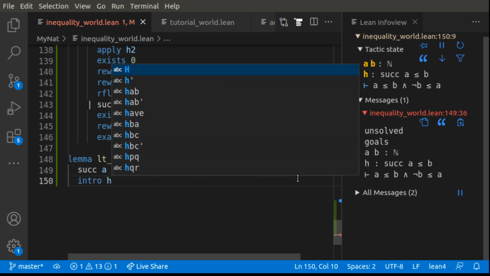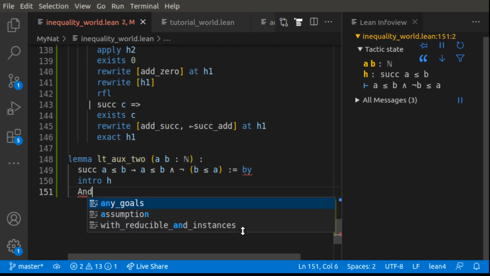That's intro H. Now we're starting with our hypothesis is a less than or equal to b, and I want to prove a less than or equal to b or not b less than or equal to a. So we want to prove both of those from this.